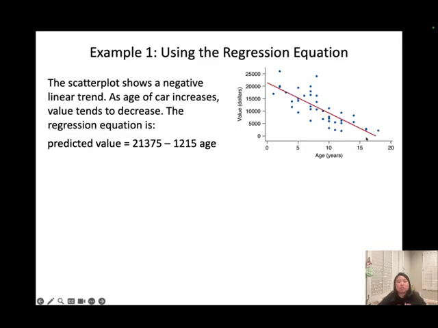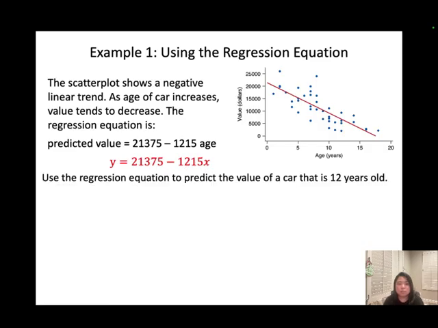Let's rewrite this equation: y equals 21,375 minus 1,215x. Now I want you to use the regression equation to predict the value of a car that is 12 years old.